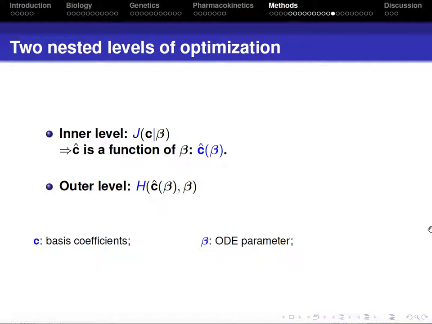In other words, c hat is a function of beta, right? Generally, we cannot find this function c hat of beta analytically, but we know c hat is an implicit function of beta.